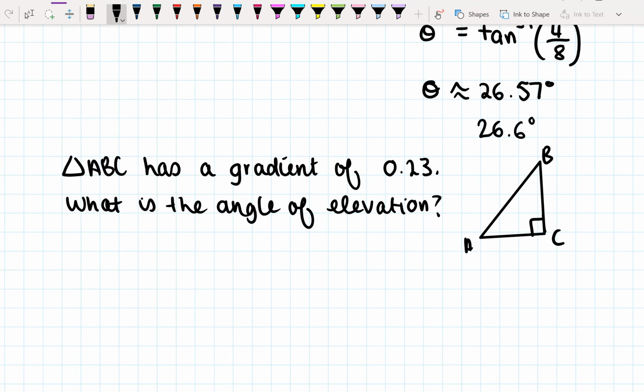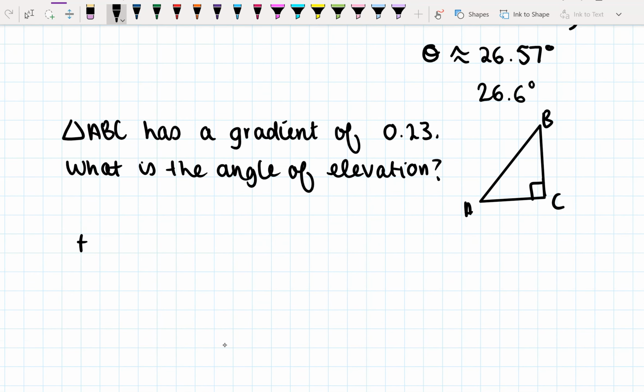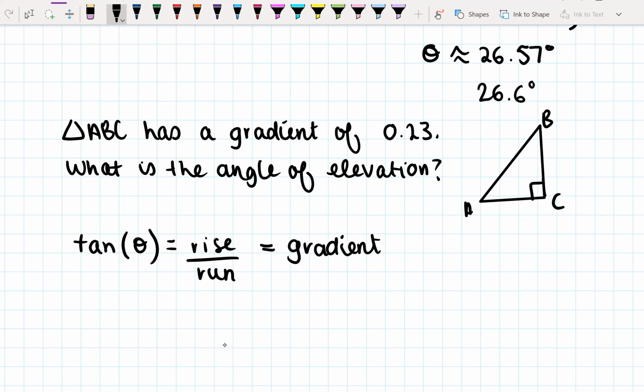Now, let's go back to what we know, which is the tan of theta is equal to the rise over the run. Don't forget the rise over the run is also equal to the gradient. So we know our gradient is 0.23.